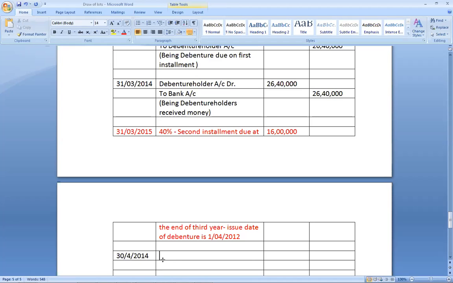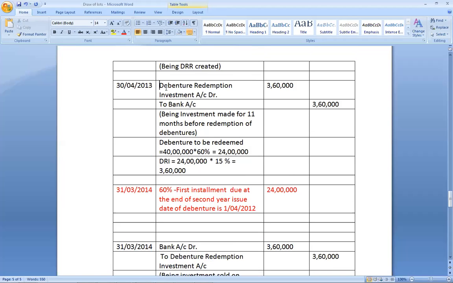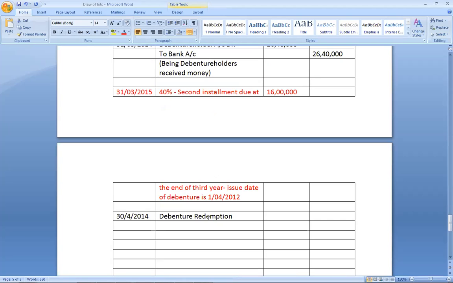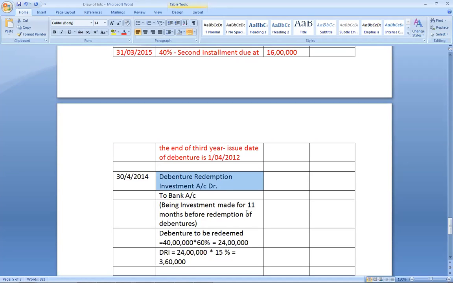You will make the debenture redemption investment. Debenture redemption investment account debit. It is made 11 months before the redemption. 40% of 40 lakhs, 16 lakhs.